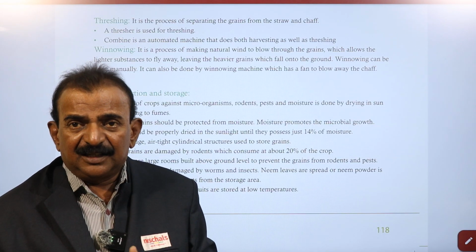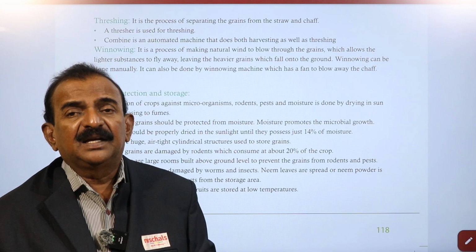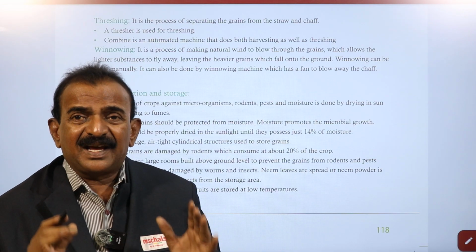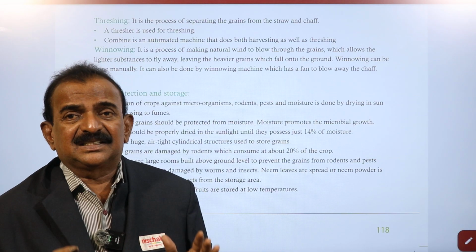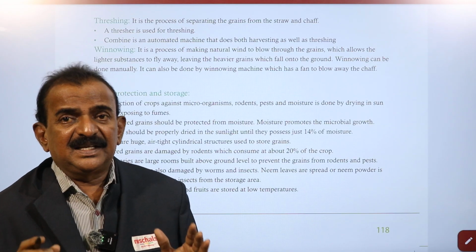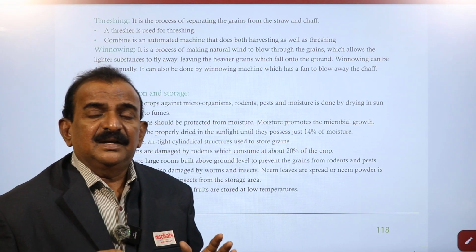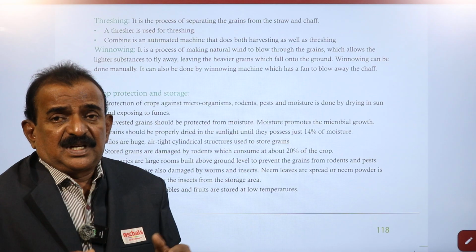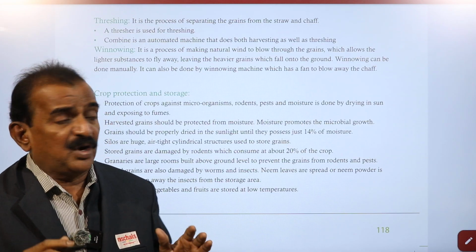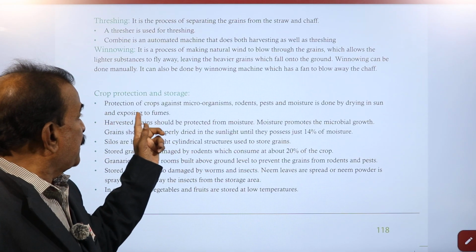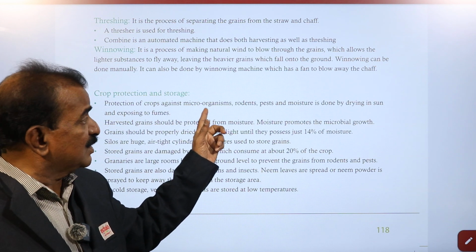To check the spread of the fungus and also bacteria, farmers need to dry the seeds under the sun, and that is called drying. And here the seeds should contain 14% moisture. And there you see protection of crops against microorganisms.